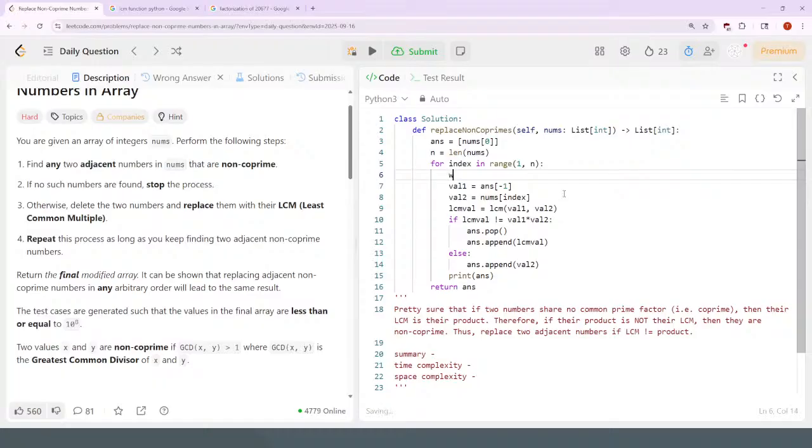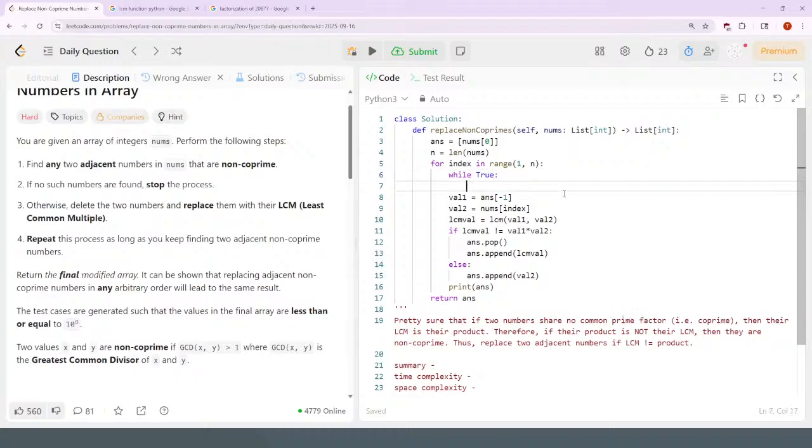I think it should be while true here, breaking when you don't have anything to combine.